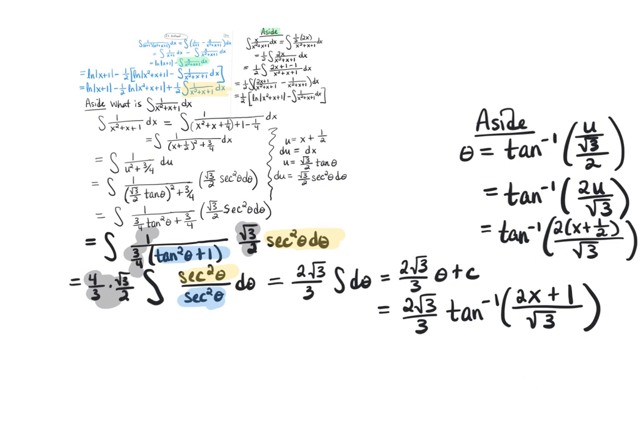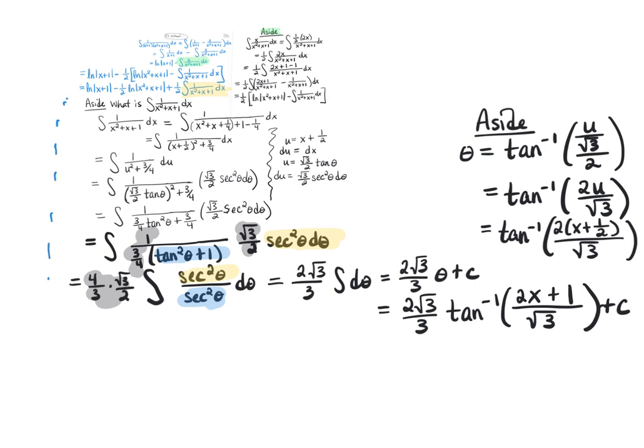Let's not forget the plus c. All of that to say that we figured out what this integral is. Now we can go back in and substitute that into this yellow highlighted up here. So now we're going to go back to our blue.